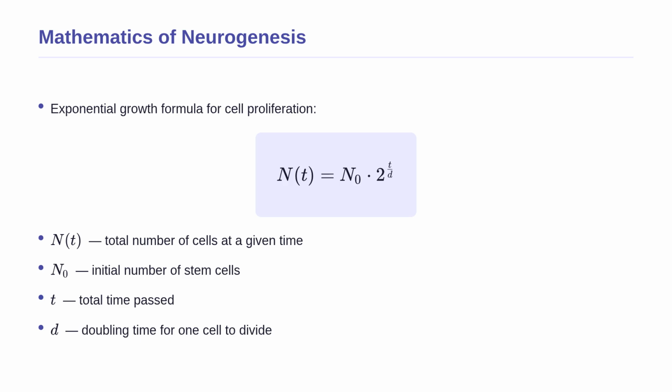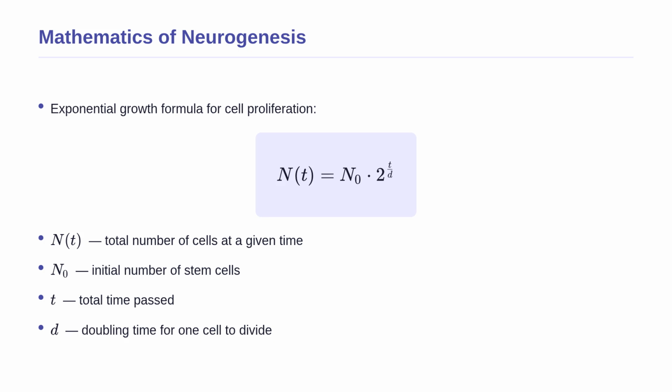To understand how this explosive cellular growth happens, let us look at the mathematics behind neurogenesis. This formula models how a small group of cells grows exponentially over time. N(t) represents the total number of cells at a given time. N0 is the initial number of stem cells we start with.